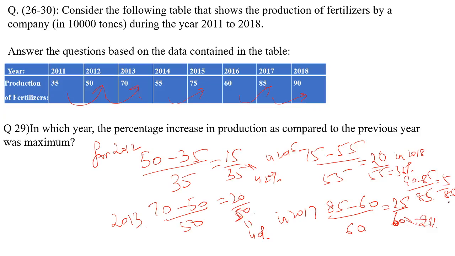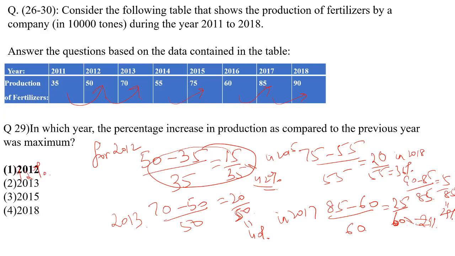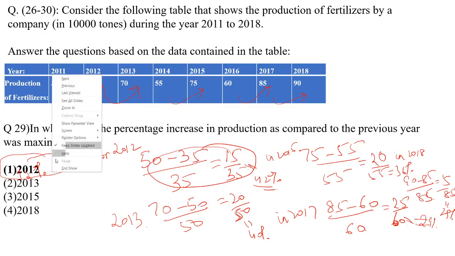And this is 5 by 85, which gives you 29%. So the highest value will be this 42%. 42% is the maximum. So you can see 2012 has the maximum value.